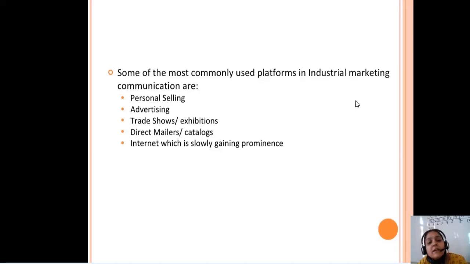You have direct mailers or catalogs, means you provide the catalog to various vendors, and if the vendors find it suitable, then they buy the actual product from you. The internet is not that much used in industrial marketing so far.